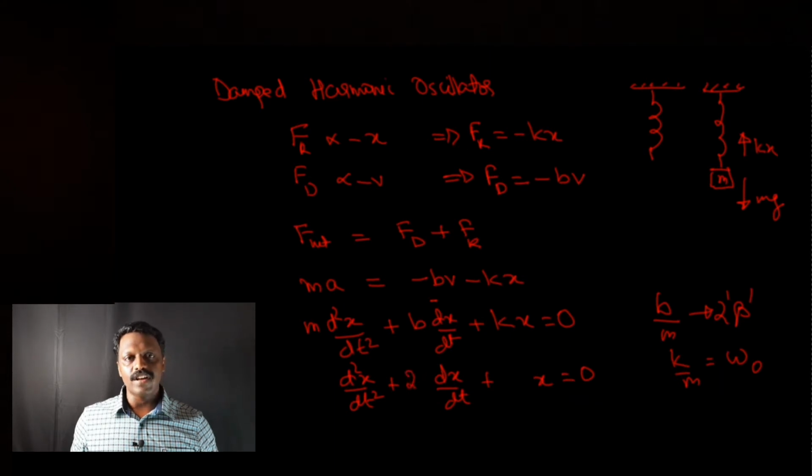This is the differential equation of a damped harmonic oscillator. Now rewriting it again, we have d squared x by dt squared plus 2 beta dx by dt plus omega naught squared x is equal to 0.